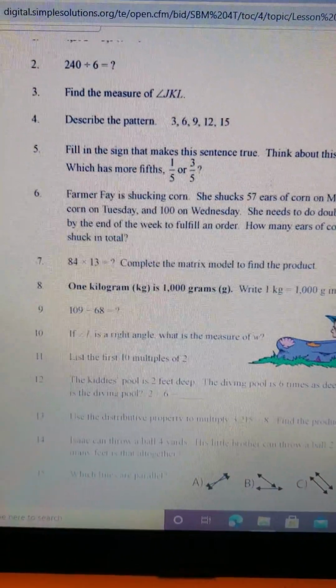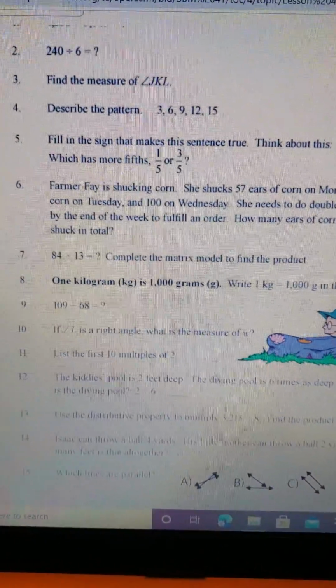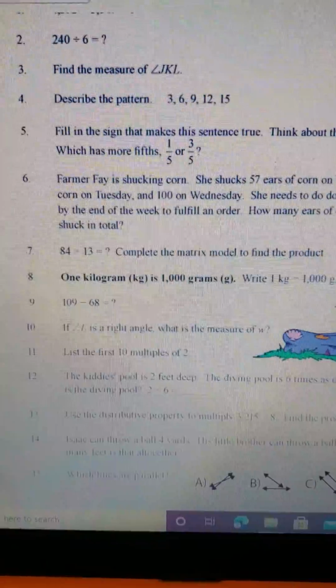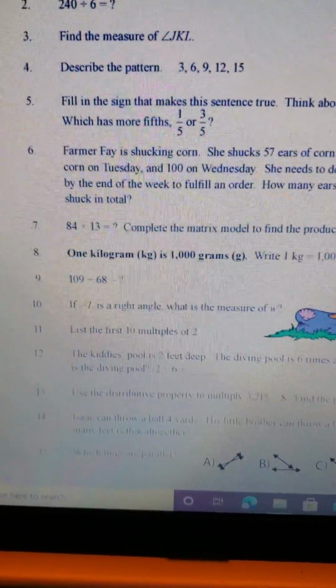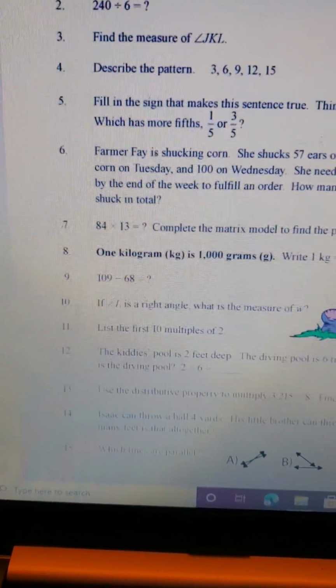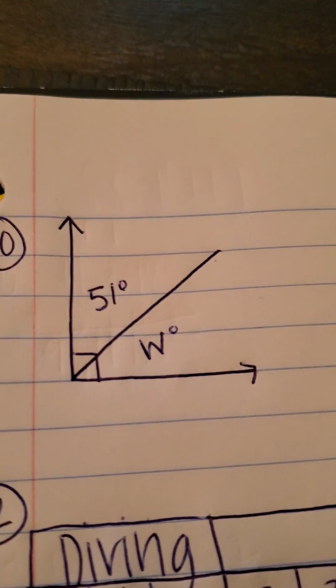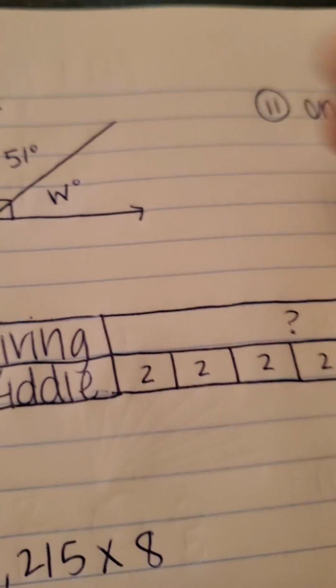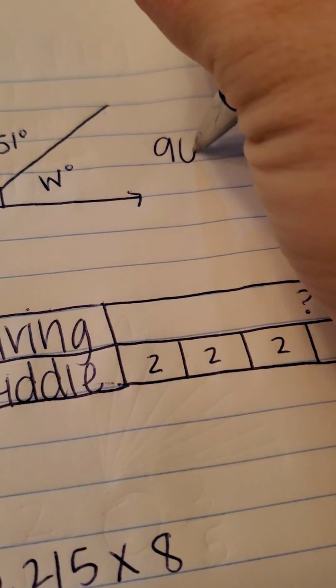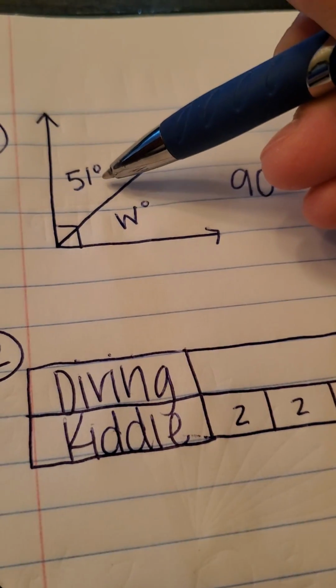Number 10, if angle L is a right angle, what is the measure of W? Okay, we all know that a right angle is how many degrees? 90, that is correct. Okay, so we have our picture drawn. We know this whole angle, this L-shaped angle is 90 degrees. Okay, they give us this angle right here.